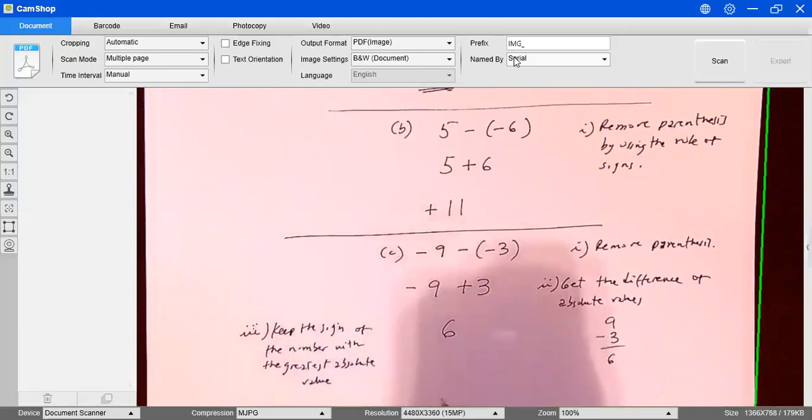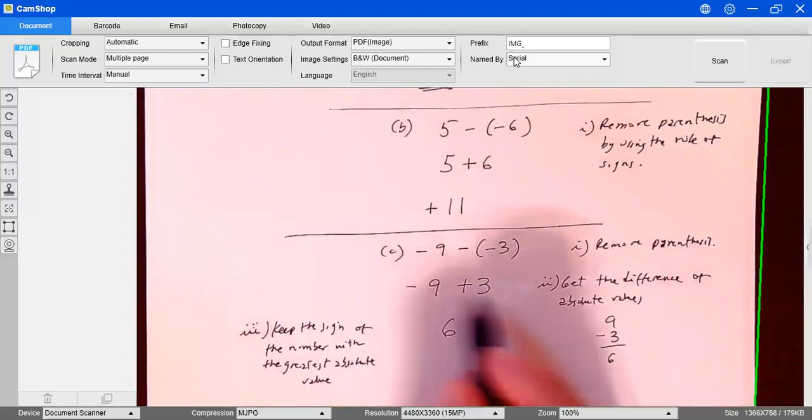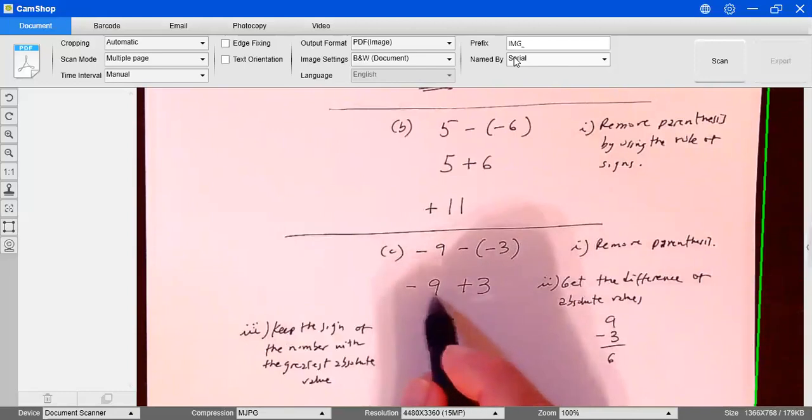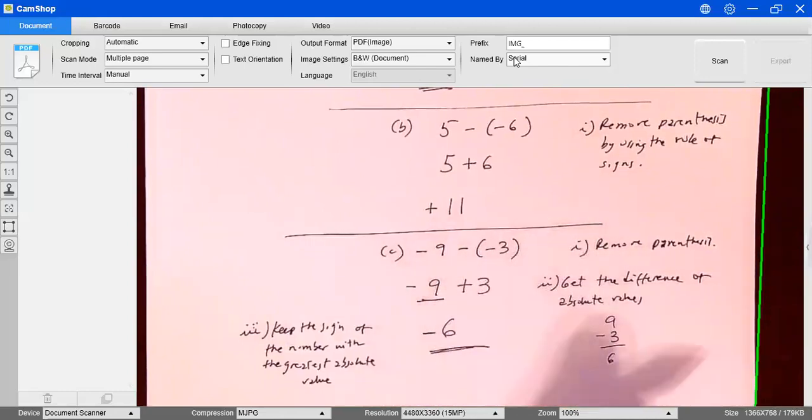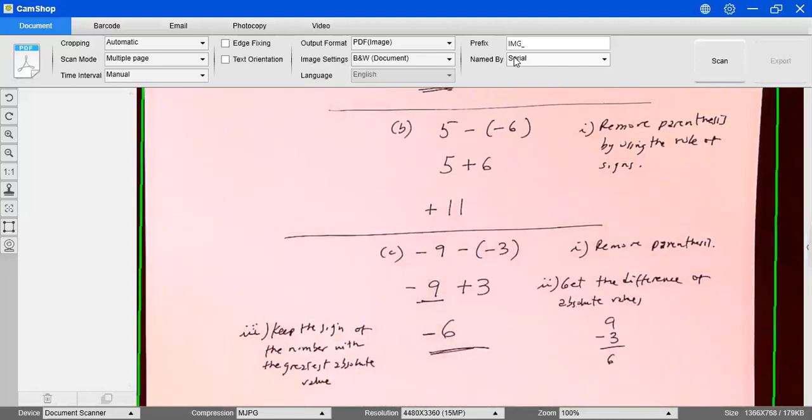What is the number with the greatest absolute value? This is the number with the greatest absolute value, and the sign is negative. So you need to write -6. So that's example 1 from section 1.6.